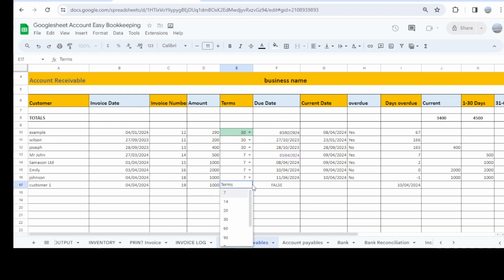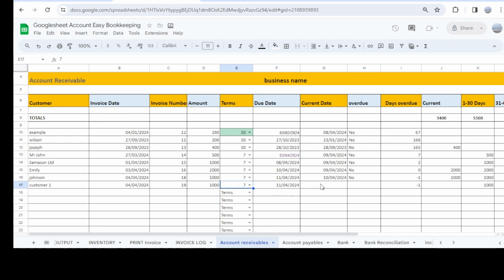For some businesses, customers will purchase and say they'll pay in a day or maybe when they get home. So let's say in less than a day, but you can choose one day, 24 hours, or 14 days, 7 days, 20, and so on. Respectively, you choose the terms. For this example, we are going with 7 days. So customer 1 has 7 days to pay us our money, our receivables, and its due date is automatically calculated here, which is the 11th of April 2024.